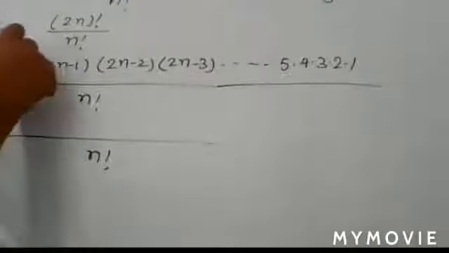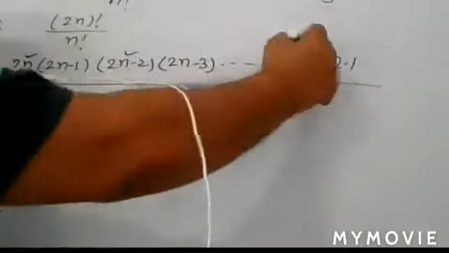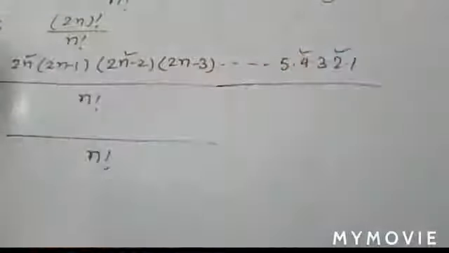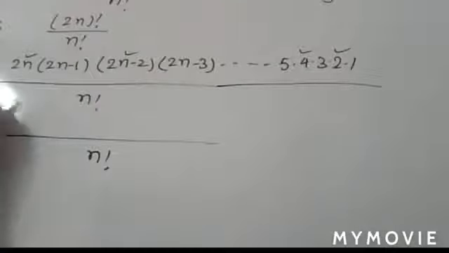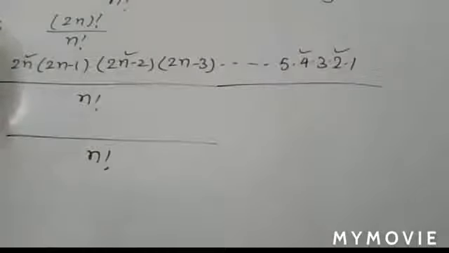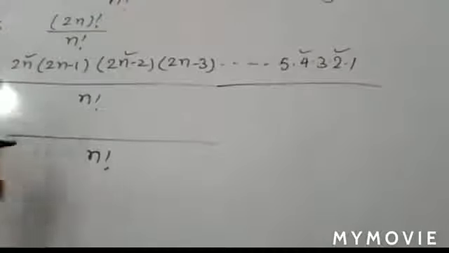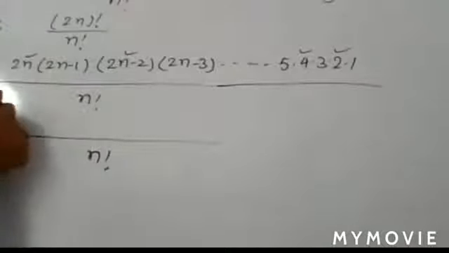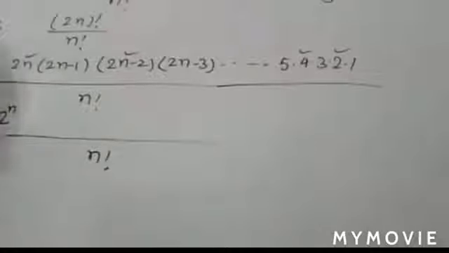Just you see here, here you have even terms, 4 and 2 are even terms. And if you count them, here you have n even terms. So you have to take out 2 common, and if you multiply them, you have 2 to the power n.